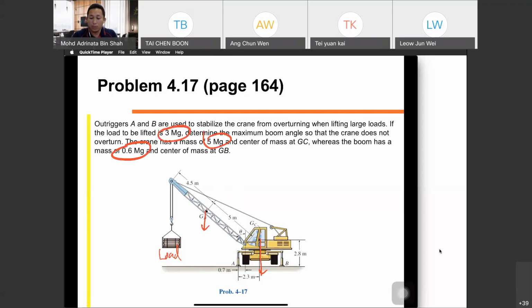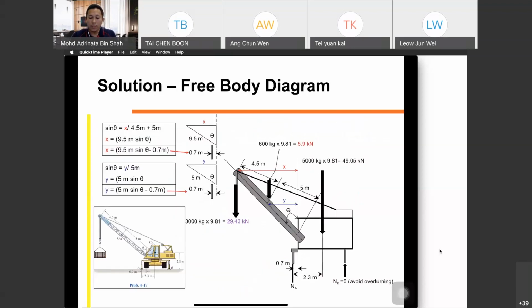So, untuk load, W is equals to mg, M is in kilogram. Okay, so this one is actually, this is 4.5 and this is 5. Tapi dia jarakkan lah ke atas. This one.